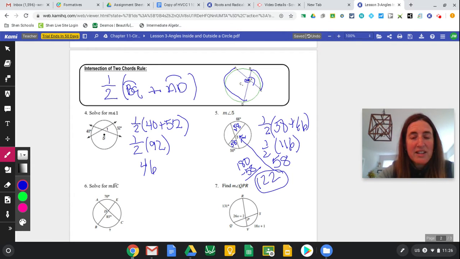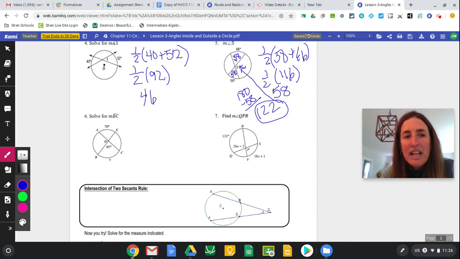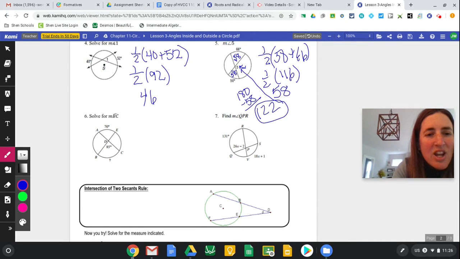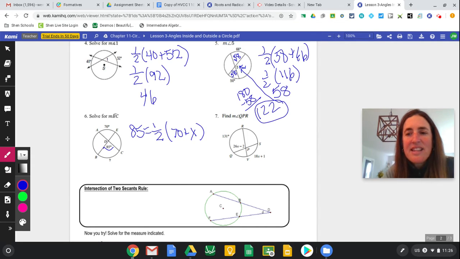That's supplementary facts. Okay, what if they give me the angle and ask me for one of the arcs? Can I work backwards? Heck yeah. I know the angle is equal to half the sum of the two arcs. So if I take 70 and make the other guy x, I can figure this out.